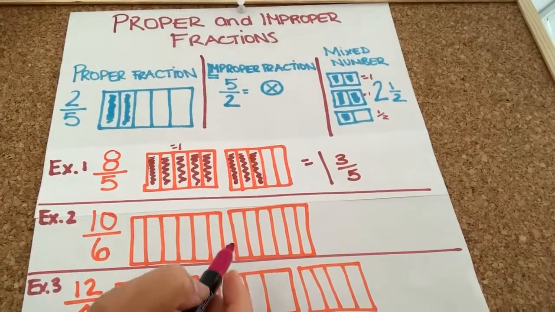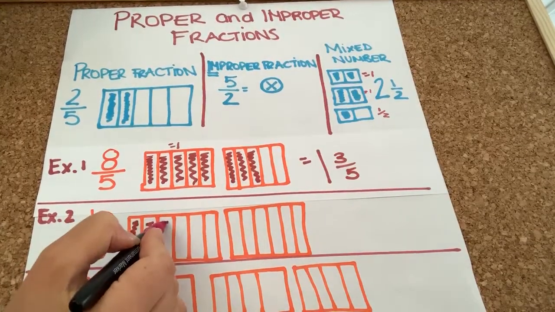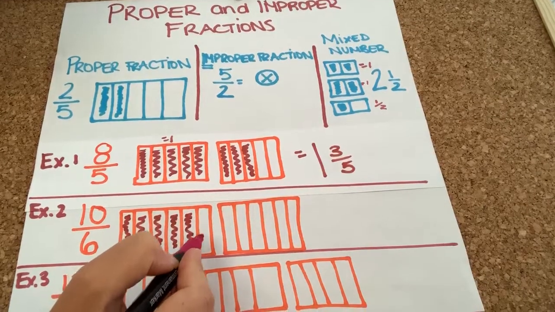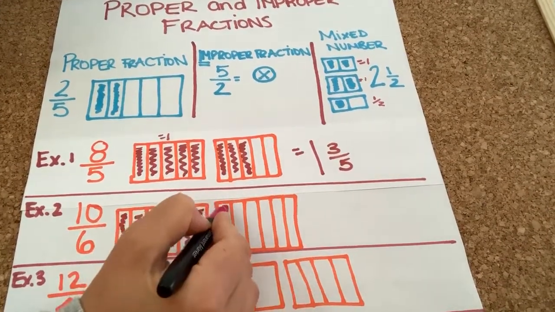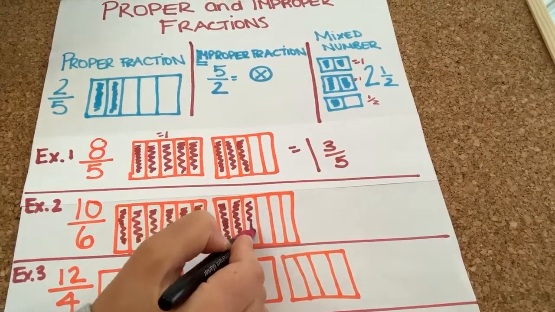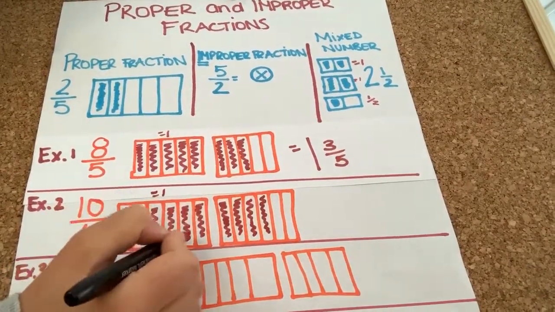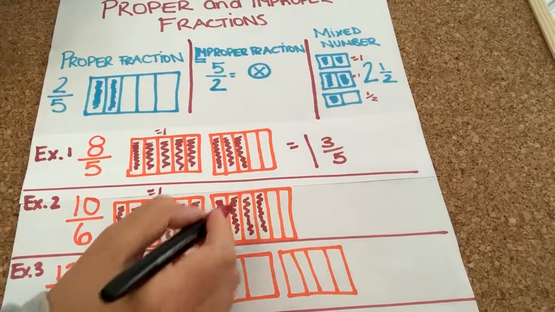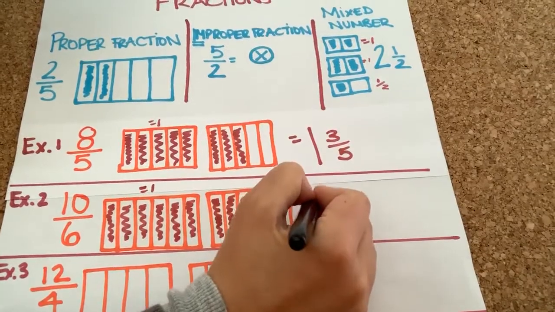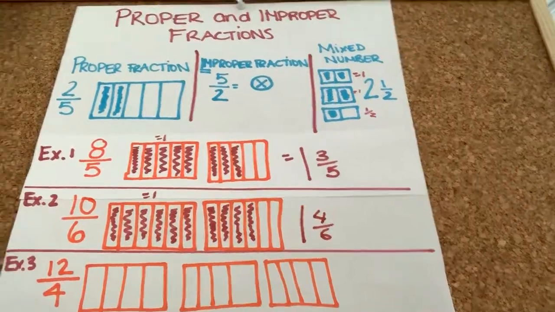Now let's see how many times we can put 10. 2, 3, 4, 5, 6, 7, 8, 9, 10. So we have 1 full box of 6, and we have how many left over? 1, 2, 3, 4 out of 6. So we have 1 and then 4 out of 6.